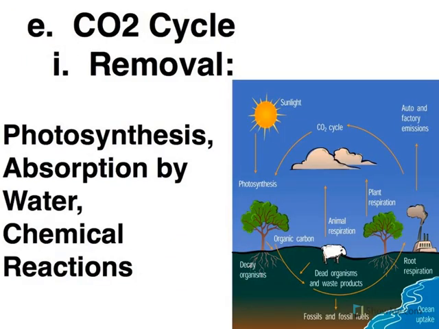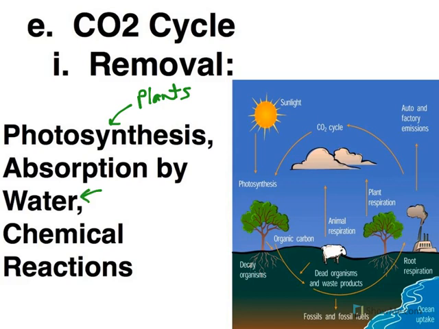And our most complicated one, carbon dioxide. Lots of different ways to remove carbon dioxide from the atmosphere. So we've got photosynthesis, so that's plants, because plants absorb carbon dioxide.